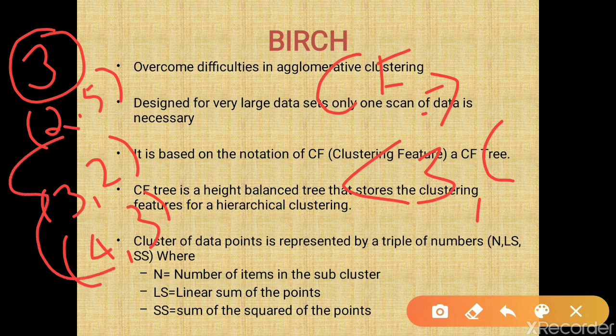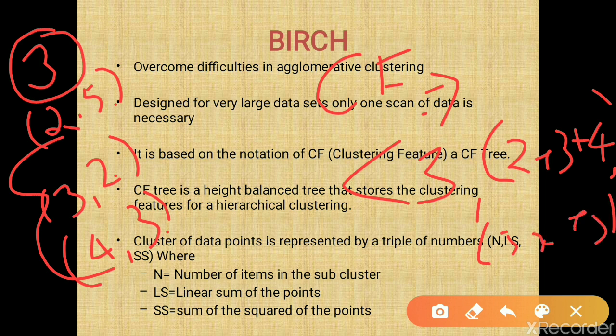The first values: 2 plus 3 plus 4, then the second values: 5 plus 2 plus 3. Then the square sum. How do we find the square sum? 2 square plus 3 square plus 4 square, plus 5 square plus 2 square plus 3 square.